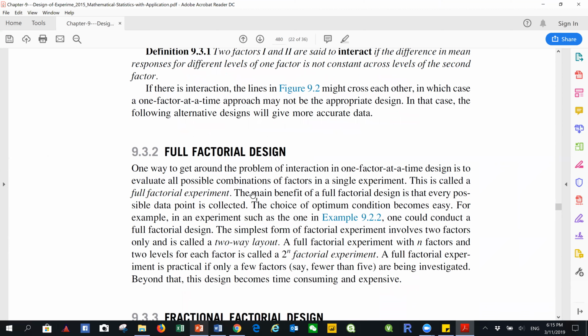This is called a factorial experiment. The main benefit of factorial design is that every possible data point is collected, and the choice of optimum condition becomes easy.